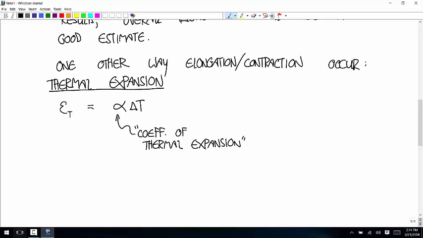With this, you do it the same way, and if you integrate it, you get that delta, the change in length due to temperature change, is equal to the coefficient of thermal expansion times the total length times the change in temperature.